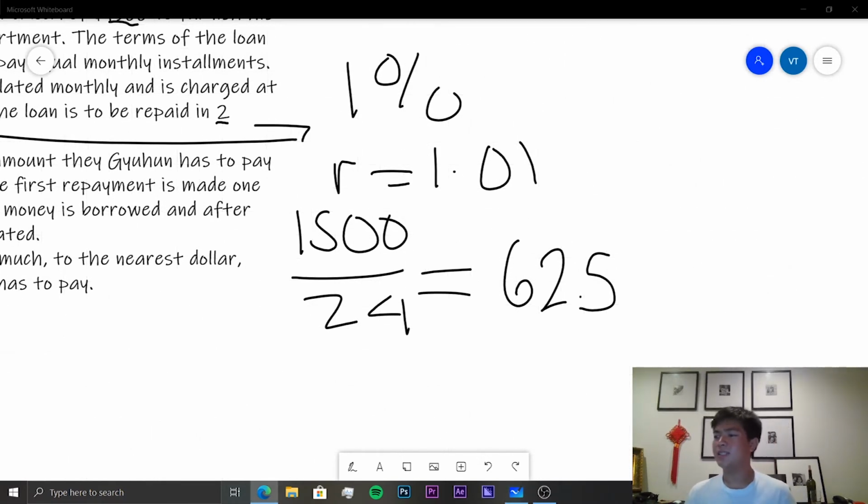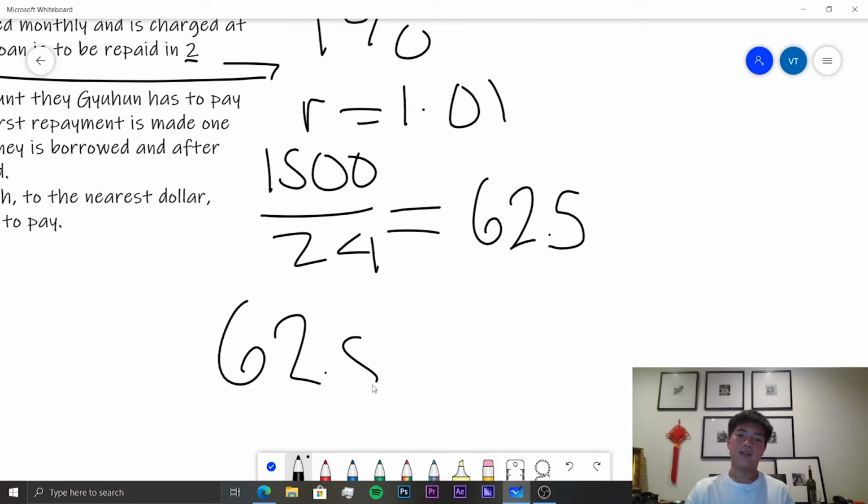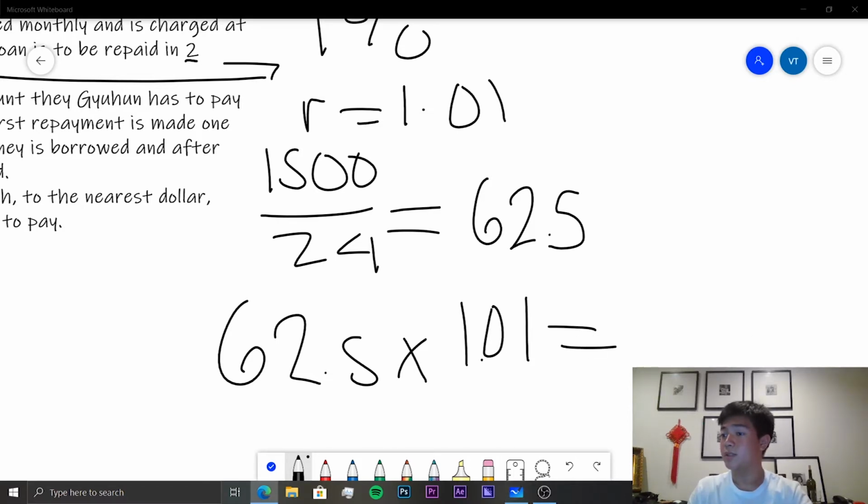I don't really get this question, honestly. There's no way you have to calculate it each month, right? So the first month should be 62.5 times 1.01, which is like 63.13.